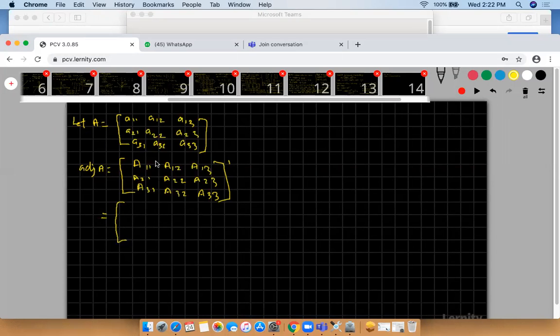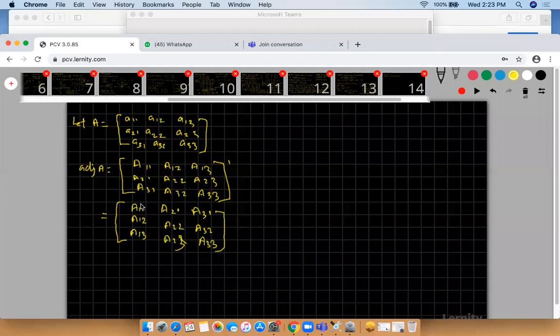So this row A11, A12, A13 becomes a column, this row A21, A22, A23 becomes a column, and this row A31, A32, A33 becomes a column.